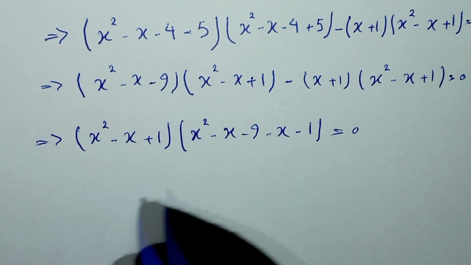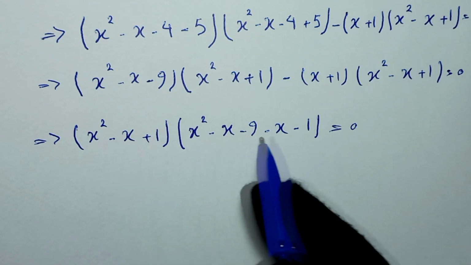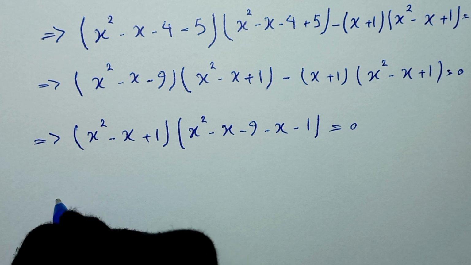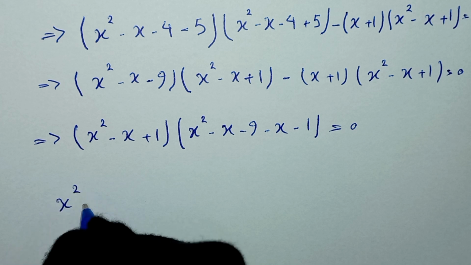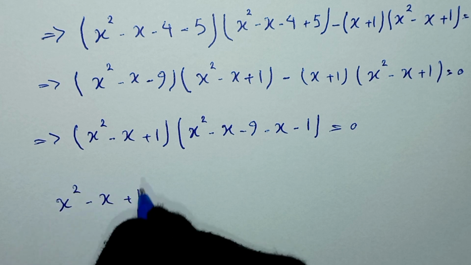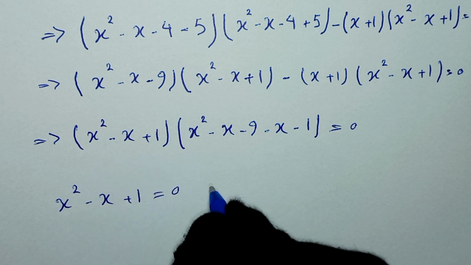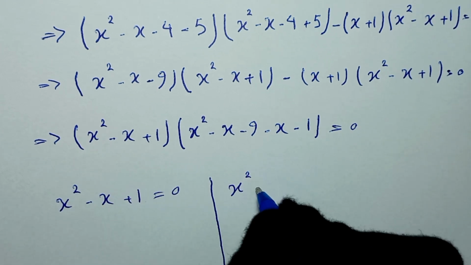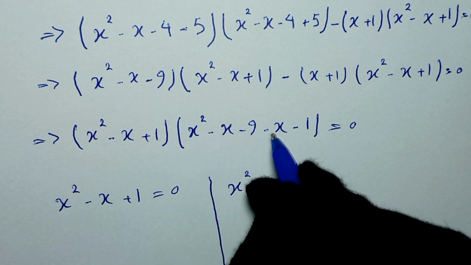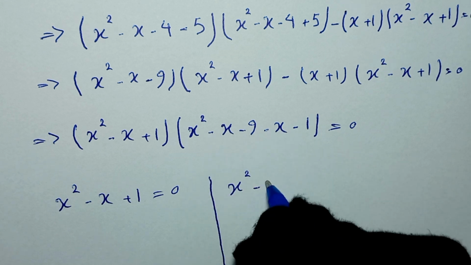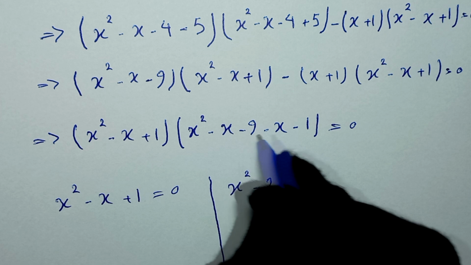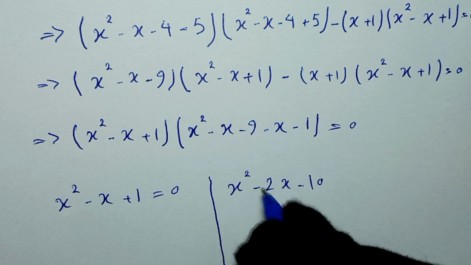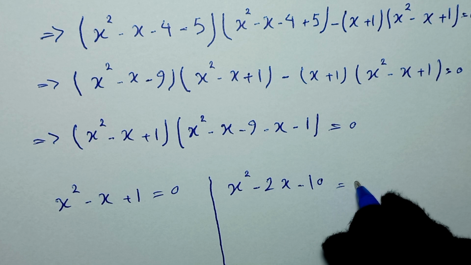So this times this is equal to 0, so we have two solutions for x. The first, x squared minus x plus 1, is equal to 0. Here, negative x minus x is negative 2x, and negative 9 minus 1 is negative 10. So x squared minus 2x minus 10 is equal to 0.